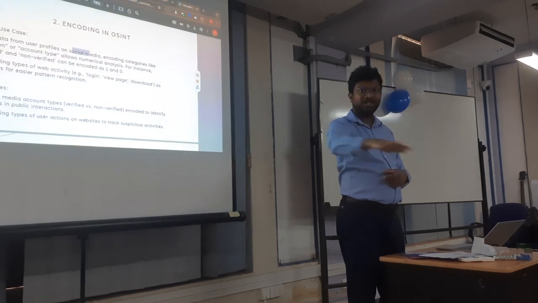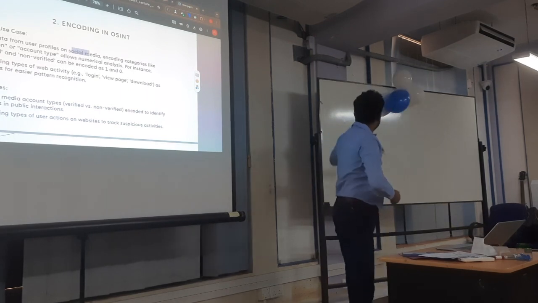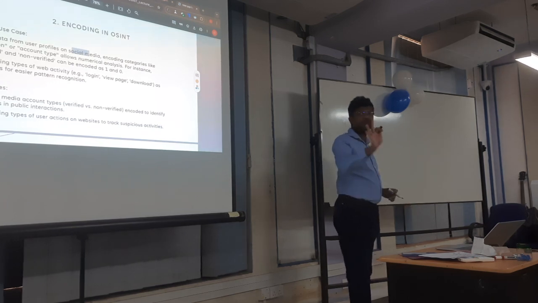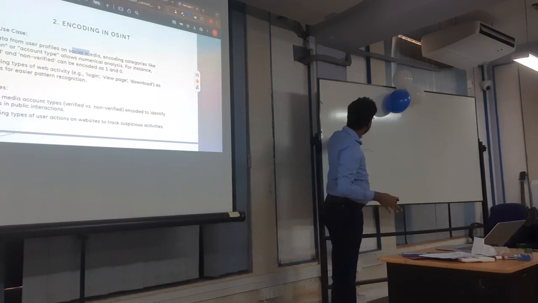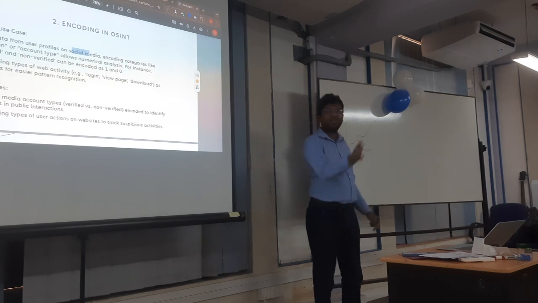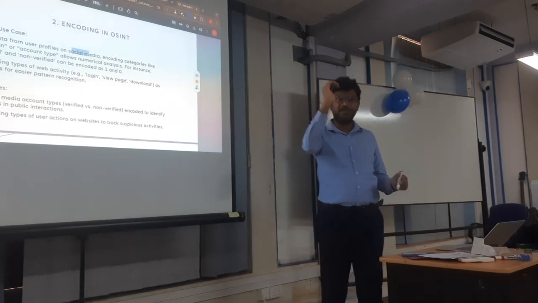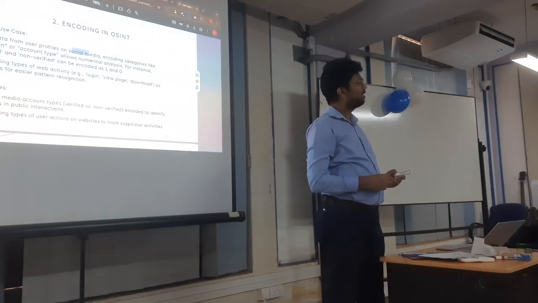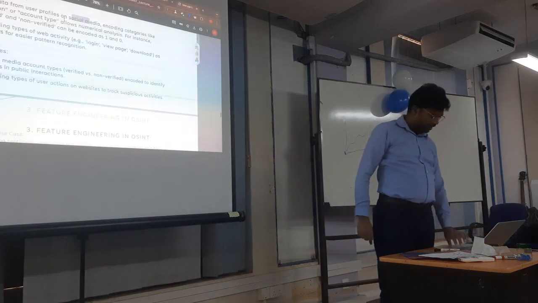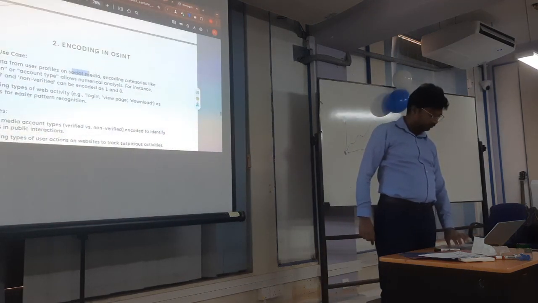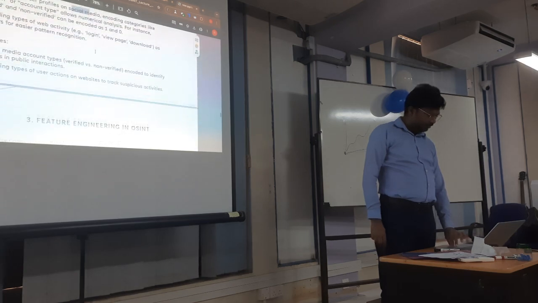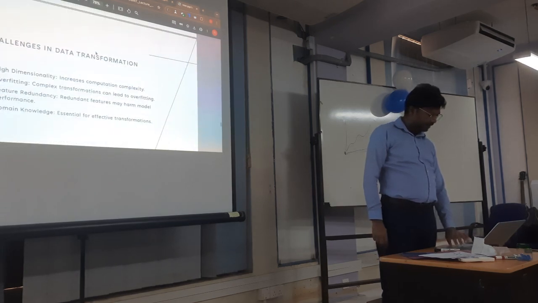If you put these two on a chart with the same scale, one will be like this and the other will be like this. Why? Because the number of comments is very small and the number of likes is much higher. So you have to do some sort of scaling in the data, right? Feature engineering, data splitting.